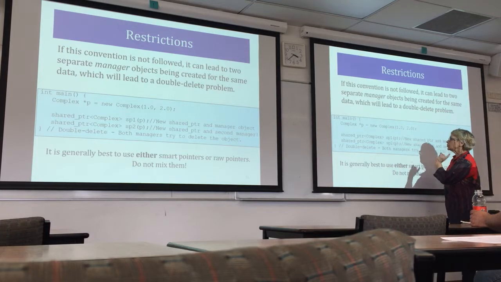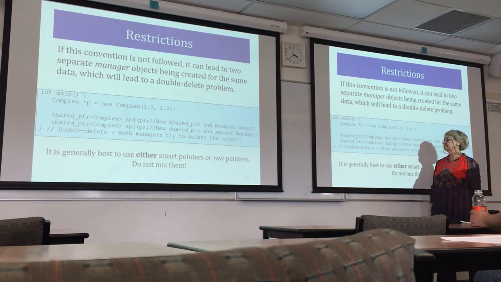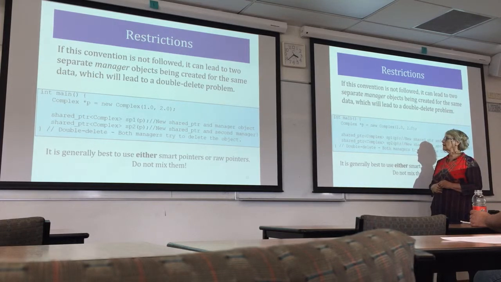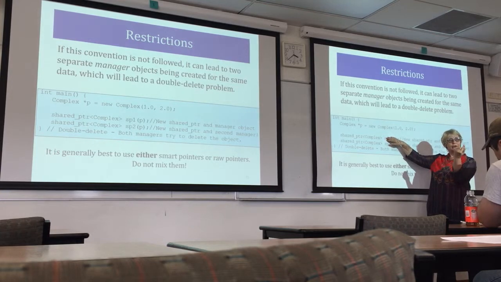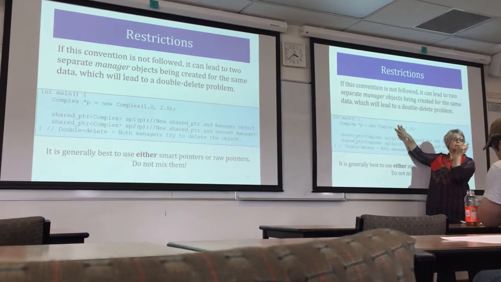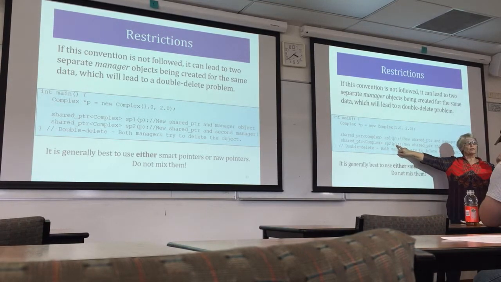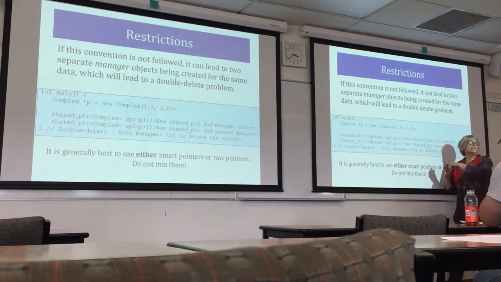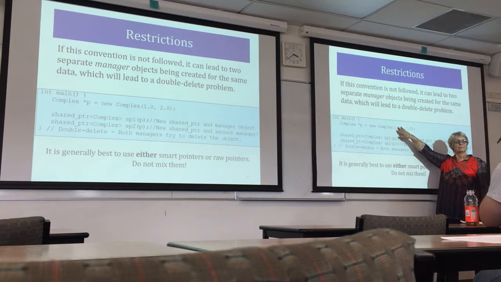And then we construct the first shared pointer from this P. At that moment, we have a manager object which points to whatever object we had there. And then if we construct another shared pointer from P, we end up with a second manager object, and both point to this object.